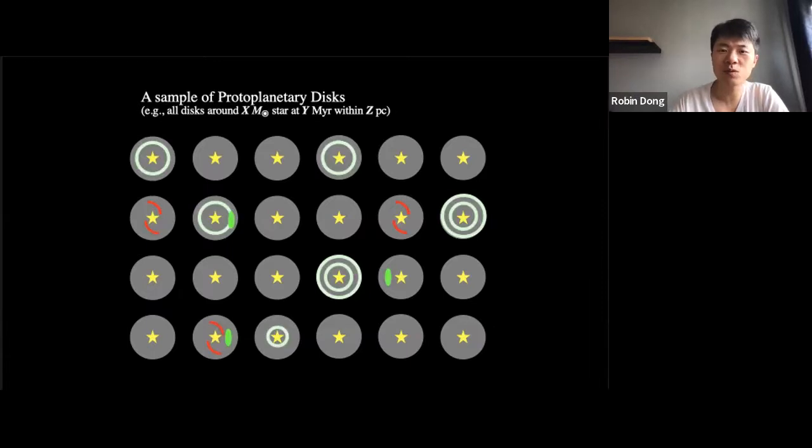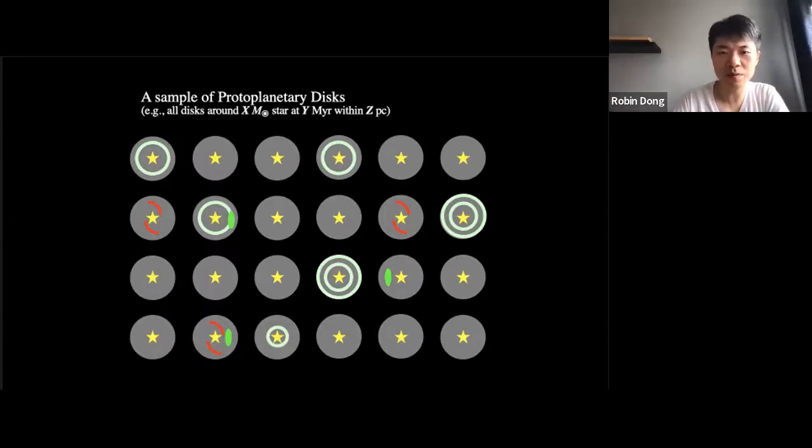Now, in every disk with structures, if we assume they're produced by planets, we can apply correlations similar to the example I just introduced to infer the properties of the planet, particularly its mass and orbit, from the detected disk structures. And once we've done that for all the systems, we can put the information together and form an opinion on what kind of planets are forming in this sample.